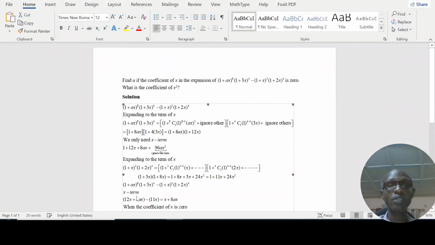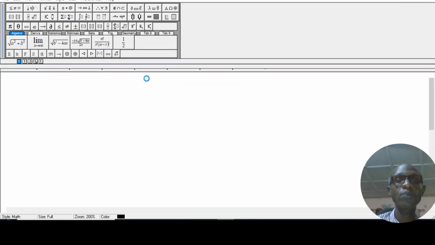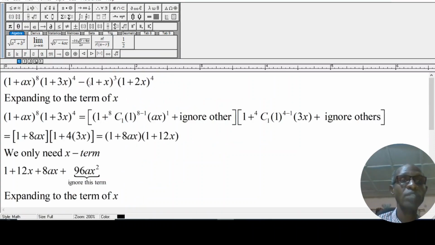So we've gotten that. So the next thing we need to do is, the question says, what is the coefficient of x squared? So you can start the problem all over again. Let's copy this.